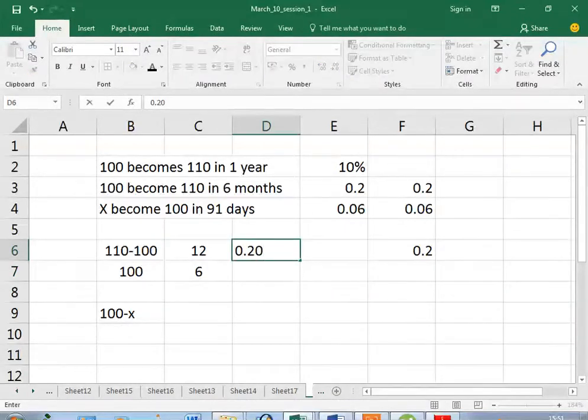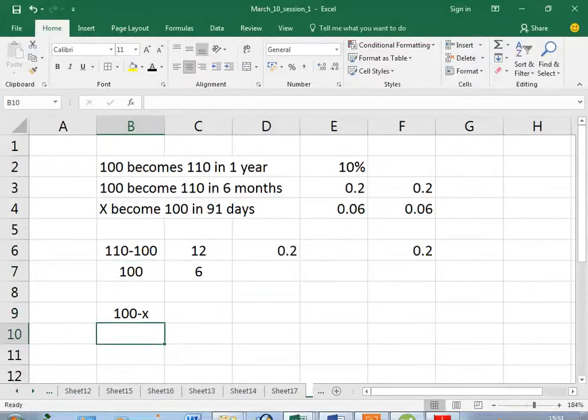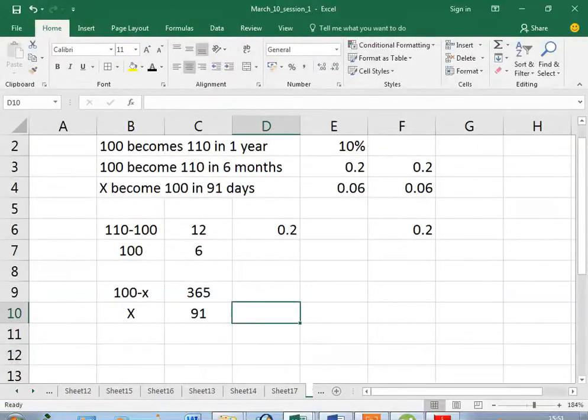Any doubts in this? Similar statement I am going to fill here. In place of 110 we have 100, in place of 100 we have X. What should be the denominator? X. What should be here? 365. What should be here? 91. Clear? Do it and get me the X. That's all. No need to remember any formula, just understand the logic.